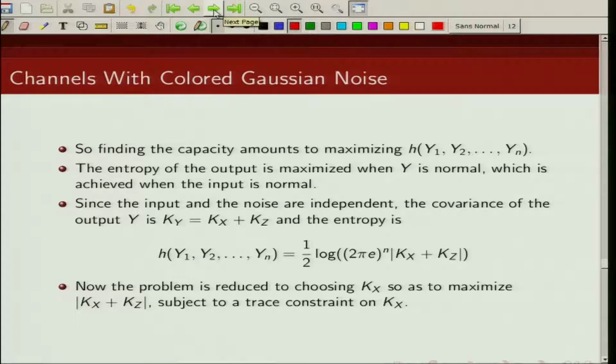So the problem of maximizing this then reduces to choosing our input covariance matrix Kx such that this determinant is maximized, subject to the input power constraint which we wrote in terms of condition on trace of this input covariance matrix.